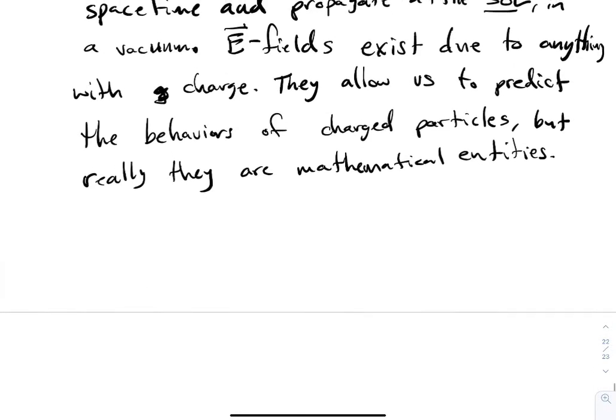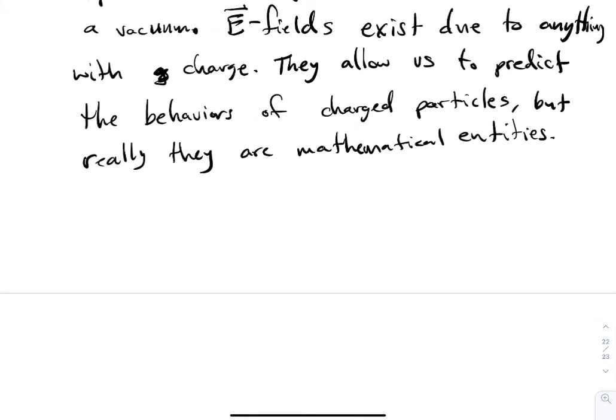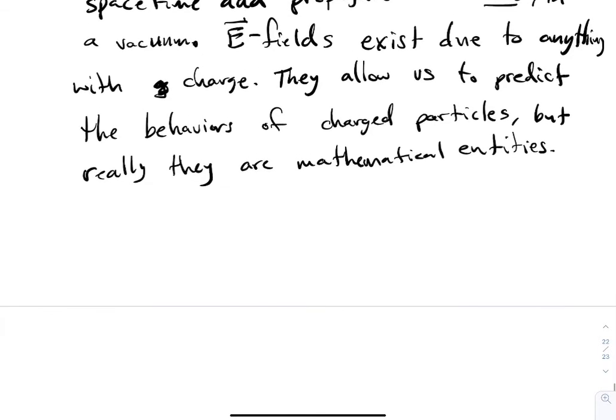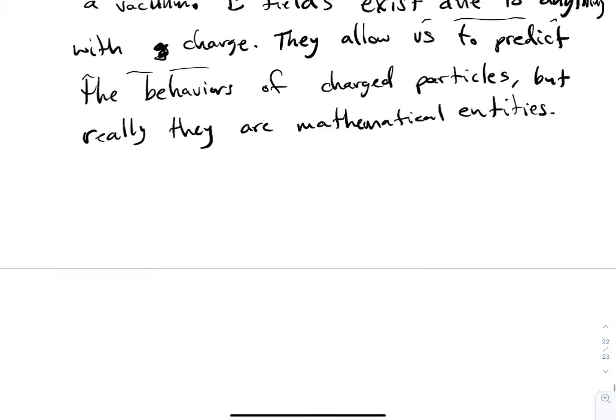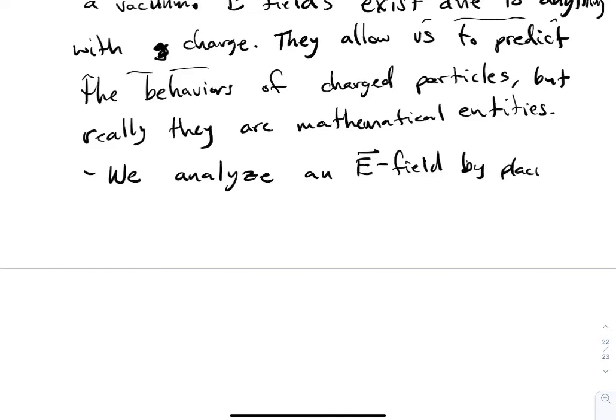I'm going to make another note here before we move on, though, and it'll make more sense as we start to do some diagrams. But like I said, they exist due to anything with charge. And so what we want to talk about is how you will analyze an electric field. So we'll say we analyze an electric field by placing a positive test charge.